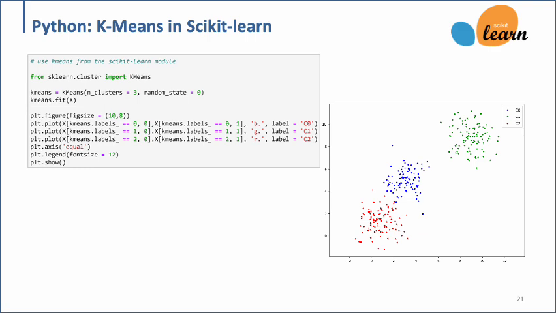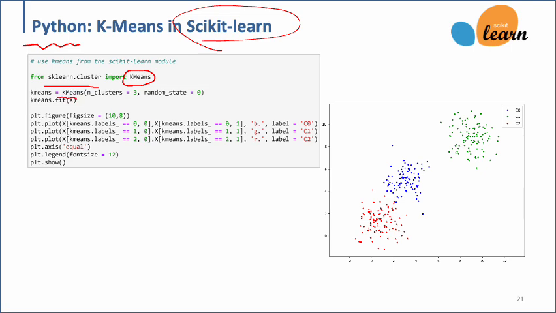The other way to implement k-means clustering in Python is using scikit-learn. As with other machine learning algorithms, scikit-learn provides very simple code for the k-means clustering algorithm. For that, we import KMeans from sklearn.cluster.